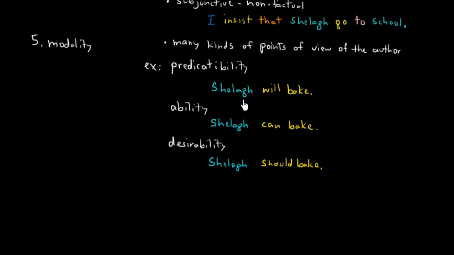So, the normal way of showing modality is to provide either one of the 9 modal verbs, or to use some of the lexical verbs in certain constructions, like Sheila is going to bake. Okay, which is using the phrase is going to with the infinitive form as a direct object.